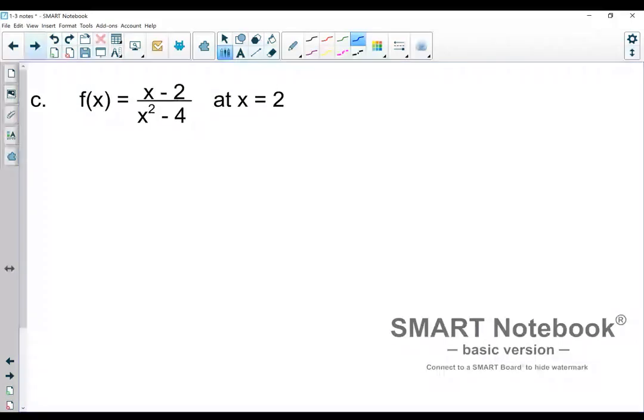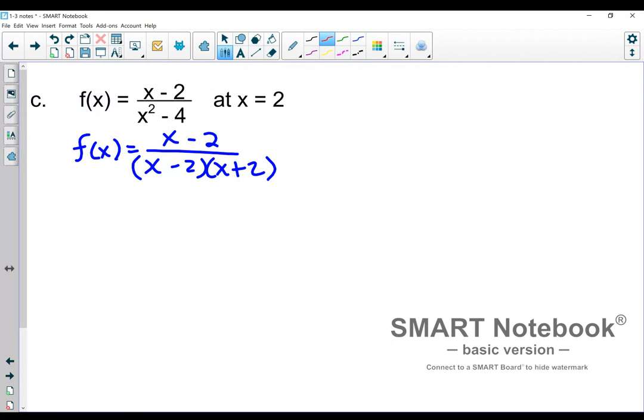On my last one, I have a rational function. So with rational functions, I'm always trying to get a good idea of all the different factors and what's going on. So I would definitely factor this before I do anything else. And then when I factor it, I notice they both have a factor of x minus 2. So whenever we have a factor in common, that creates a hole.